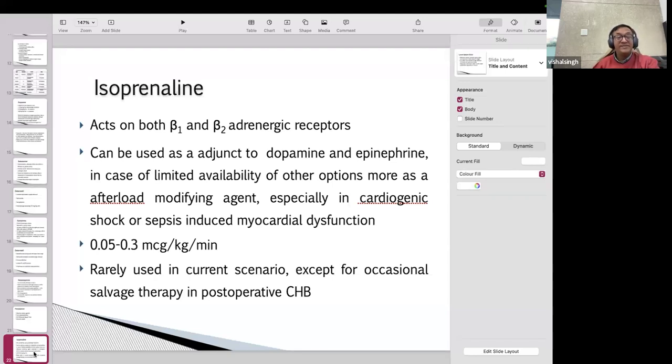It is primarily a vasodilator with very minimal inotropic activity. In the current scenario, we are only using it as salvage therapy when we have a post-operative heart block awaiting a pacemaker. In one or two patients, sometimes it can bring the heart rate around, but it is not always successful. Besides that, it causes tachycardia and vasodilatation and really doesn't do anything.